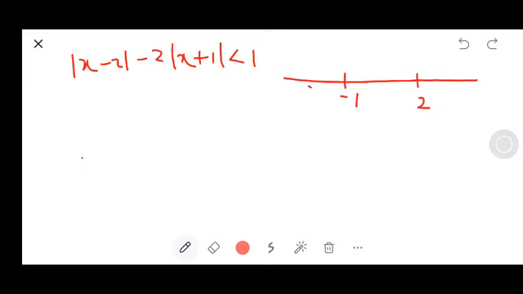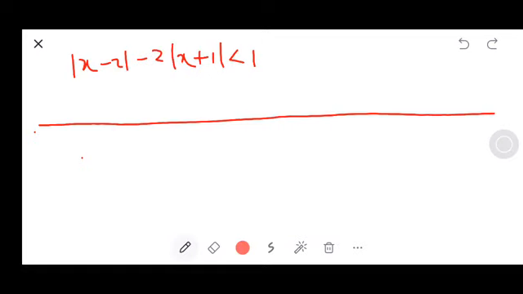They have divided the number line into three different regions. So they are the regions that I want to examine now. Each of the absolute value functions acts differently within those three regions.